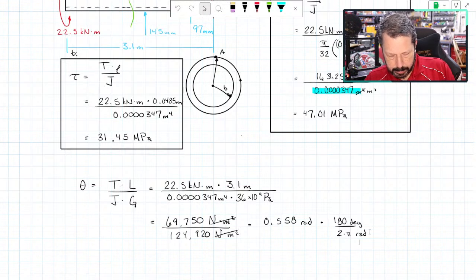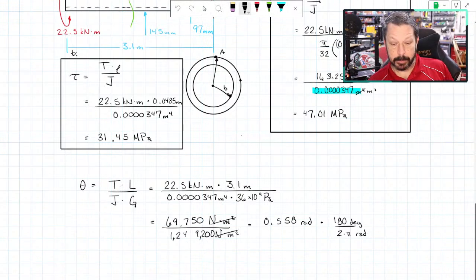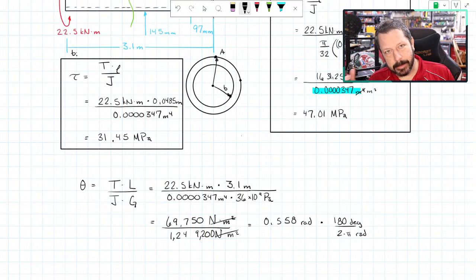36 times 10 to the 9th times 0.0000347. Oh, yeah. So I was off by a 0 here, because when I was plugging in the numbers to my calculator for the 36 billion, I just typed 36 and then 9 zeros, and the calculator I was using didn't have enough space for all those zeros, so it just chopped them off.